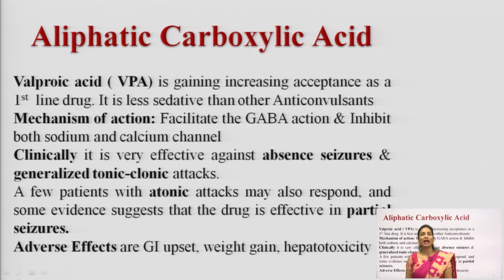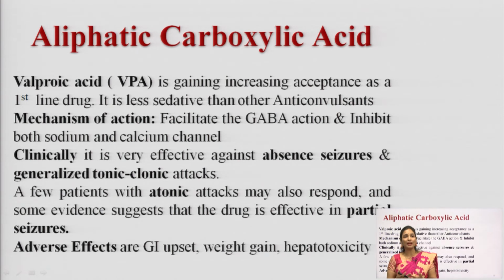And next we will move to the aliphatic carboxylic acid. What is an aliphatic carboxylic acid? An example is valproic acid. What drug can you use in epilepsy? Valproic acid. Valproic acid is increasing in acceptance to treat epilepsy. Why?